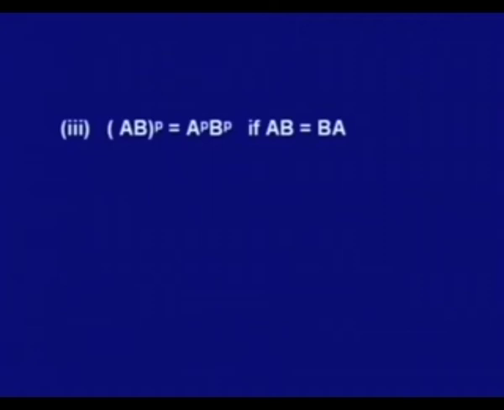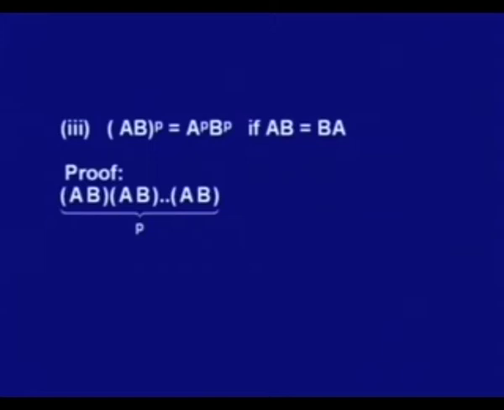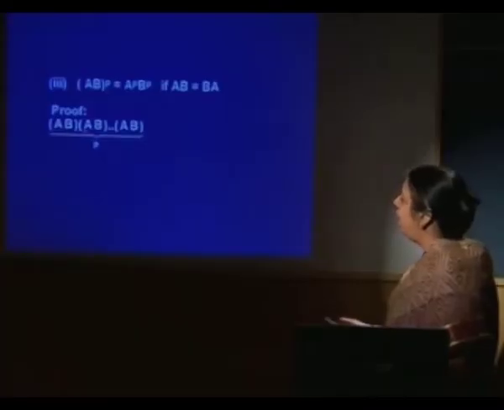Now AB raised to power p can also be computed as A raised to power p, B raised to power p, provided AB is equal to BA. Now that means the matrix A and B must be commutative. Now to prove this, I have to multiply AB p times.